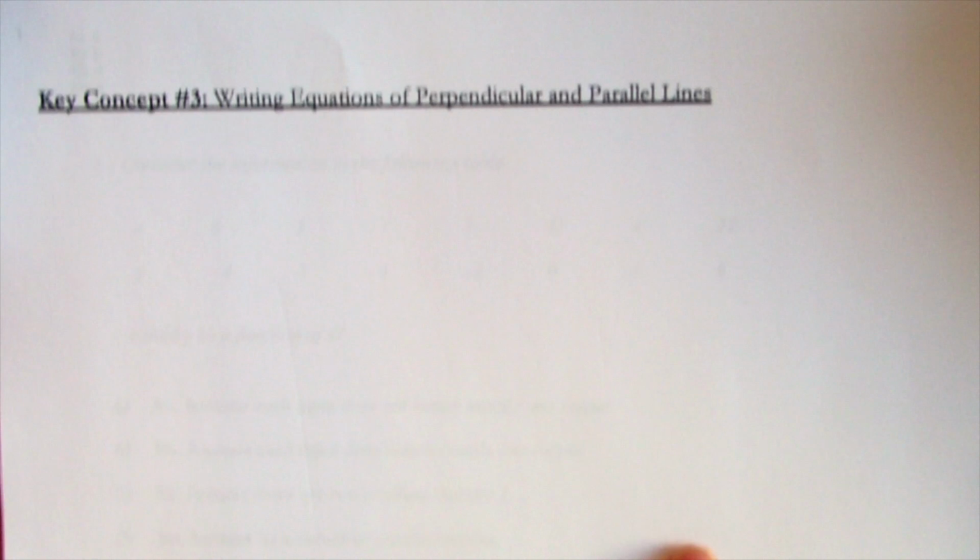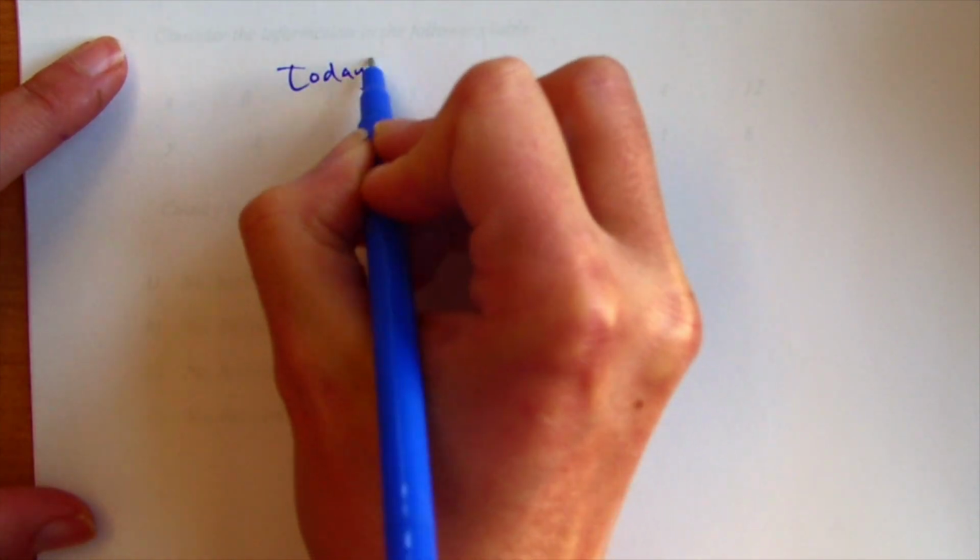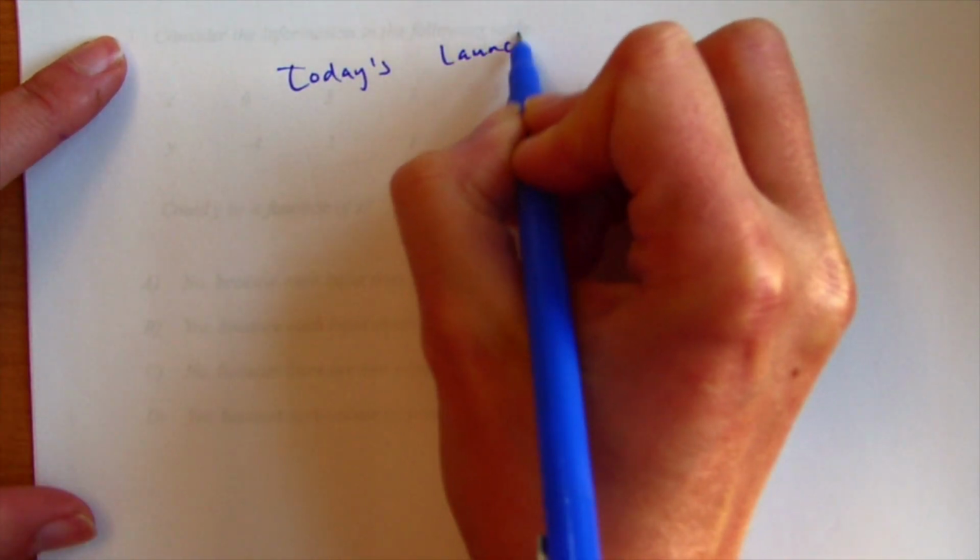For key concept number 3, writing equations of perpendicular and parallel lines, today's launch question would be a perfect question to write down here, because it has both perpendicular and parallel lines in it.